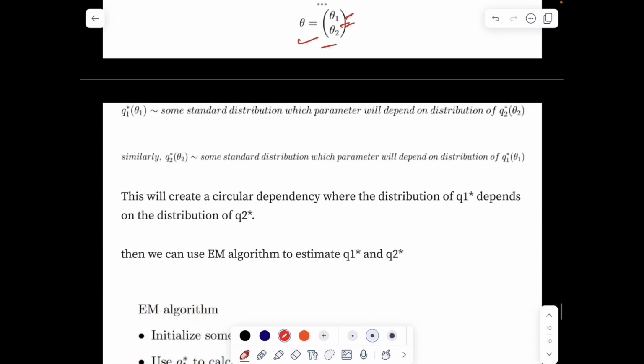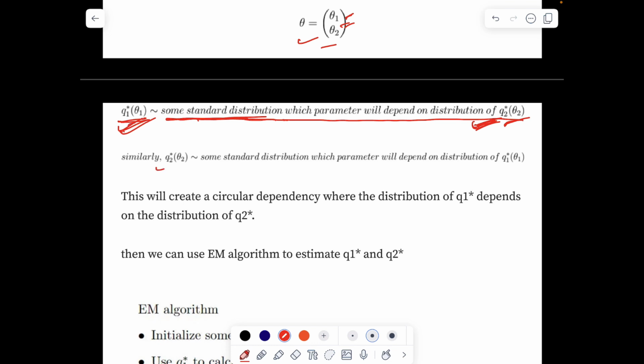Just writing this here, the q1 theta 1 distribution will be some standard distribution. It can be normal, Gaussian, or some exponential family distribution, and its parameter will be dependent upon the distribution of q star 2. The parameter of this standard distribution will depend only on q star 2. It will not depend upon q1.